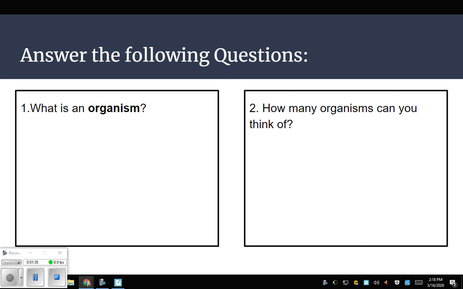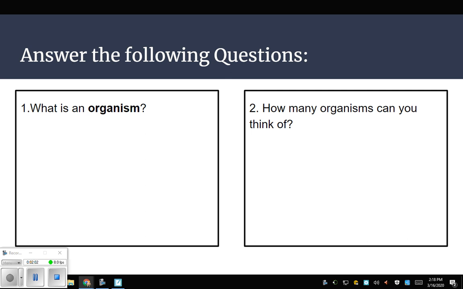There are many we should be able to think of, and maybe some we haven't thought of before. Some of them could be bacteria. Some could be an animal. It could be human. There's a lot of different things we can come up with when it comes to organisms. Even if you were to search it in Google, I'm sure a lot of pictures would come up of exactly what an organism is.